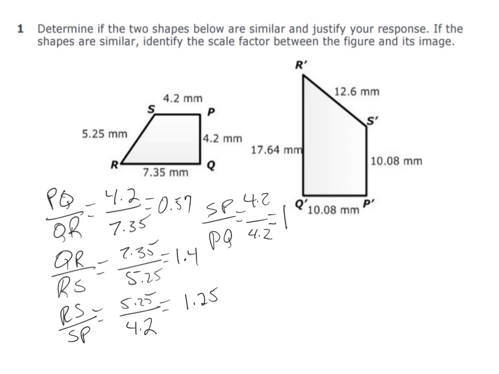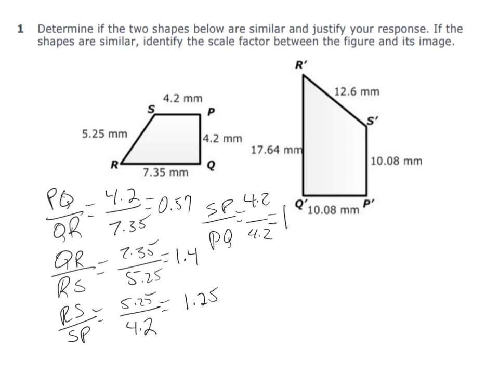Now to prove similarity, I'm going to take my ratios and set them up the exact same way. So I started with PQ, so can I change colors if you don't mind, so we'll know the difference?